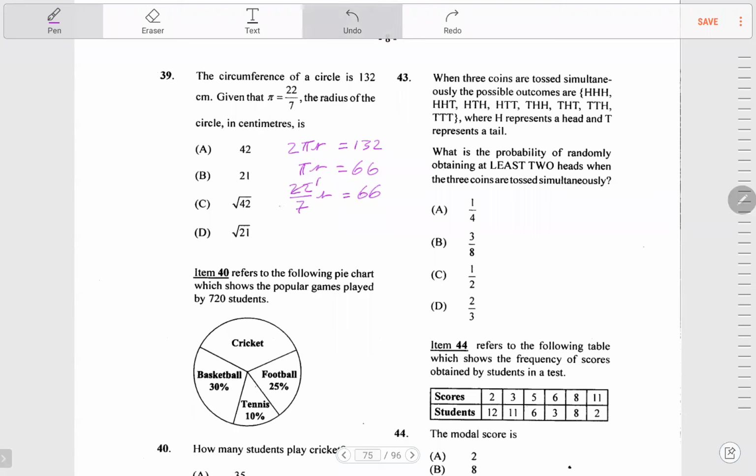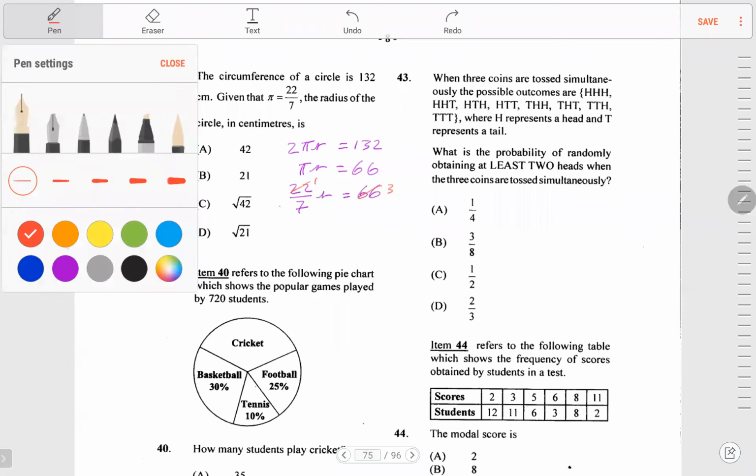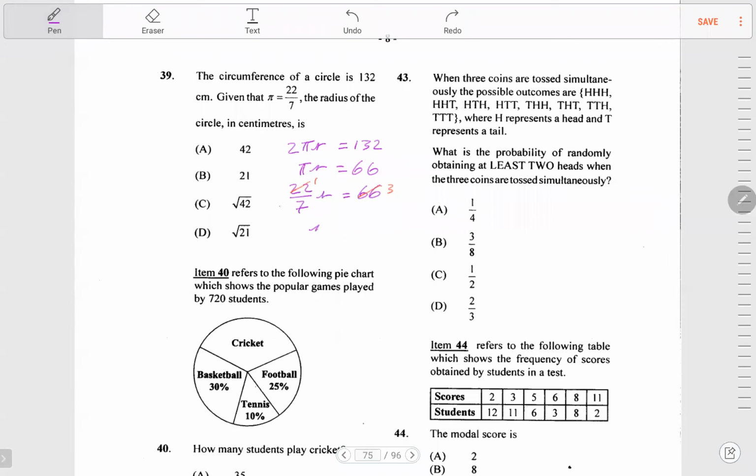Everybody can see that. Divide this side by 22, you get 1. Divide this side by 22, you get 3. So then r equals 3 times 7. The r equals 21. So that is that.